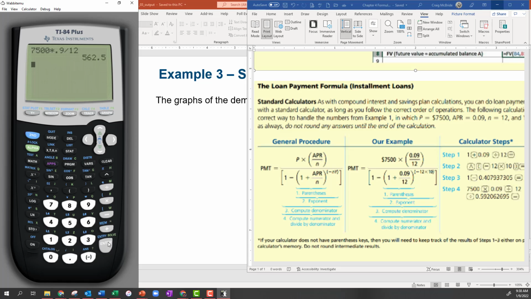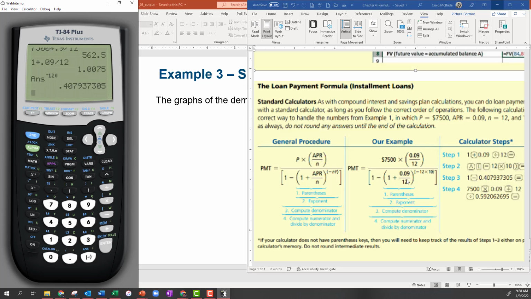You're going to go ahead and do the bottom stuff, right? So you're going to do 1 plus 0.09 divided by 12 equals, there's that. We need to raise that, right? So raise that to the negative, and I'm just going to put in 120, hit enter.